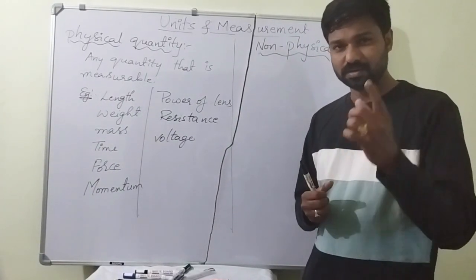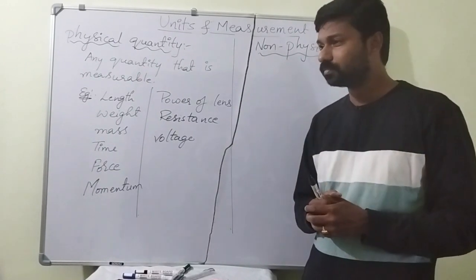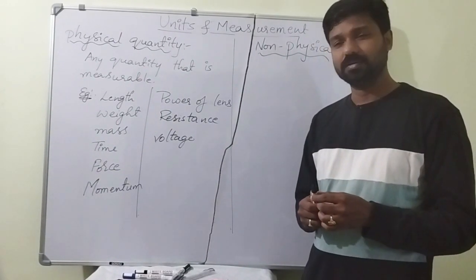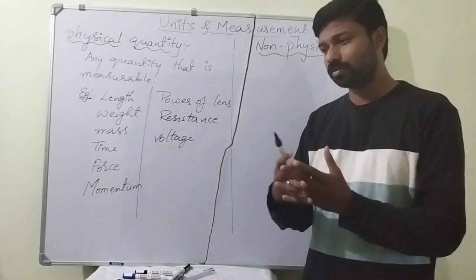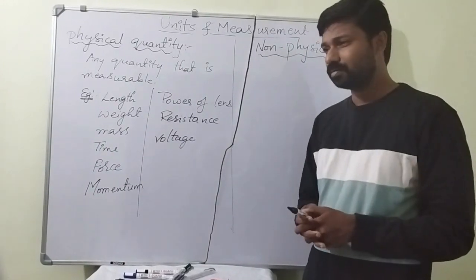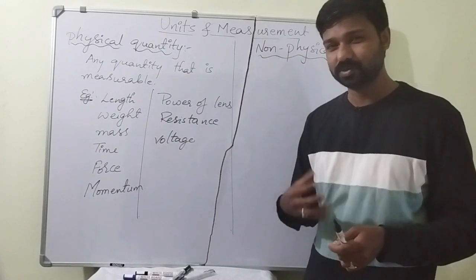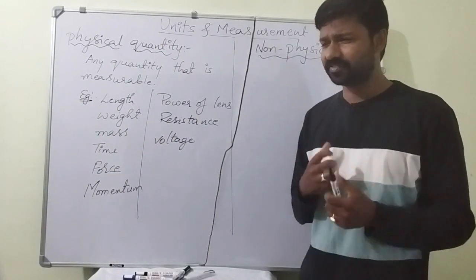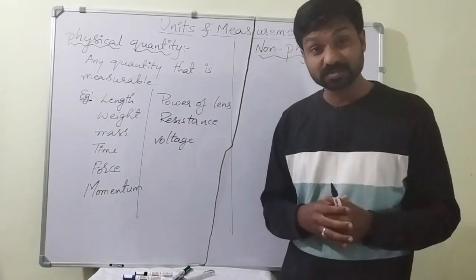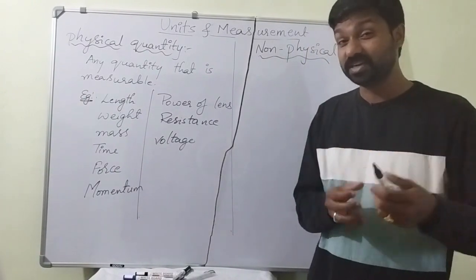For example, you asked something of your mother or father, and they didn't provide you that. So what do you get? You get some anger or frustration, right? Can we measure how much that is? How much quantity it is?